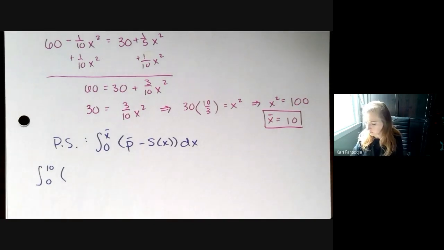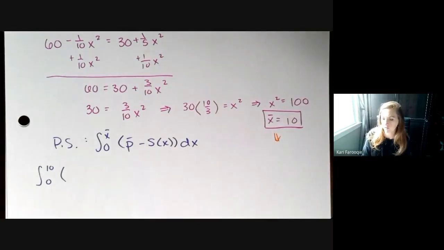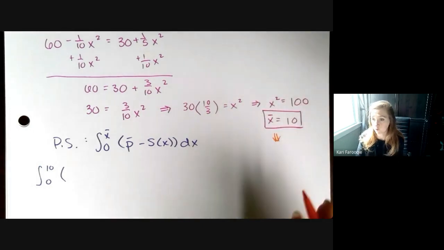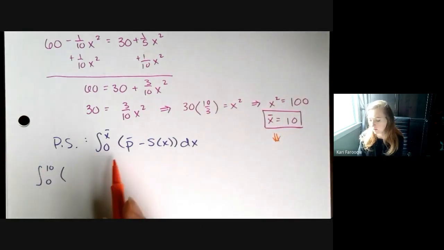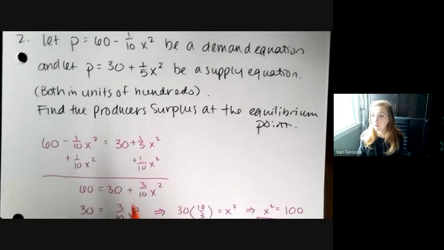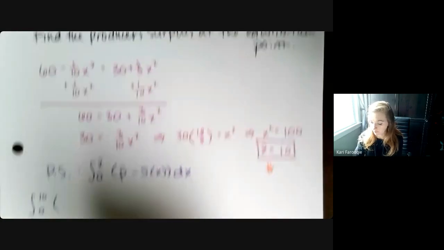We need to find the p-bar that corresponds to this x. Got a little bit ahead of myself there. But that's actually not a bad thing, because if you got a little bit ahead of yourself as you were working on this, you'd be like, all right, got it, x bar is 10. And then you'd be like, hold on. We have the supply equation, we're going to put that in there, but now I need p-bar.